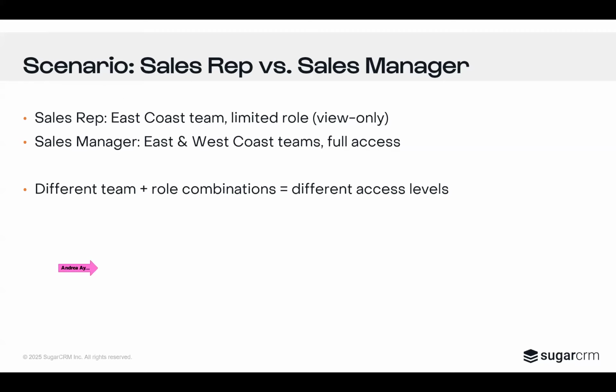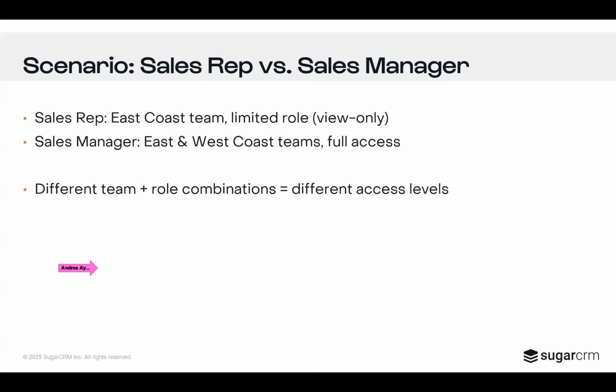A sales manager, which is East and West Coast teams, has full access. There are different team and role combinations, and different access levels. So a sales manager is going to be a part of the same team that their employees are, right? So they will be able to see everything their employees do, but they may also be able to access other things that their employees cannot see. So they may be on the same team, but that doesn't mean that they'll be restricted just like their subordinates are.